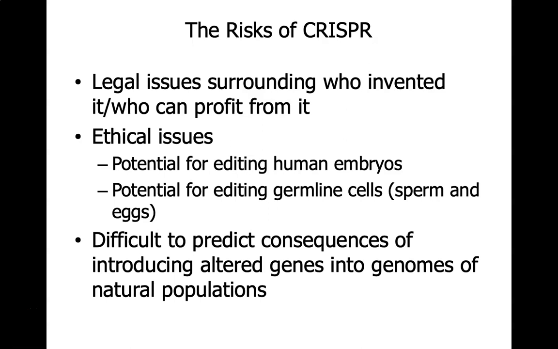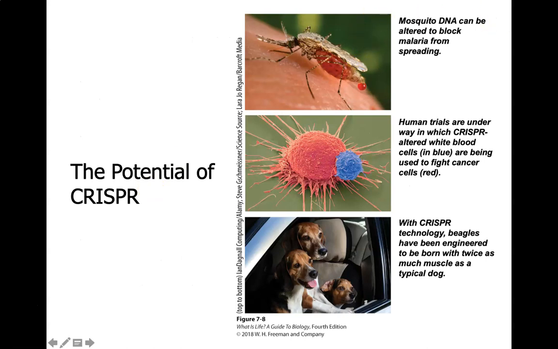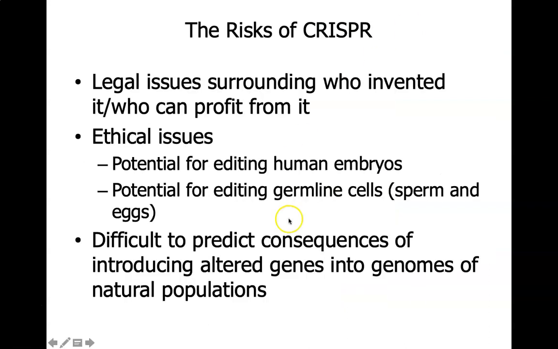The other risk with CRISPR is that it's hard to predict the consequence of altering those genes. So you might look at this example with blocking malaria spreading and say, hey, if we can stop malaria, we can stop a lot of people dying.